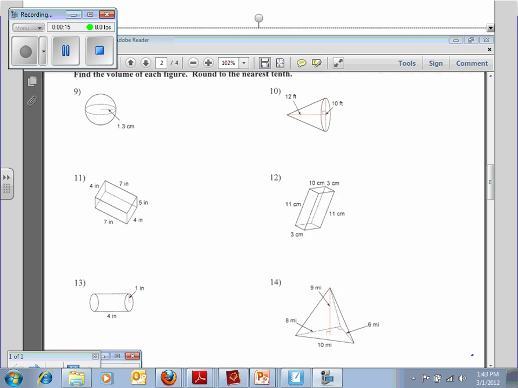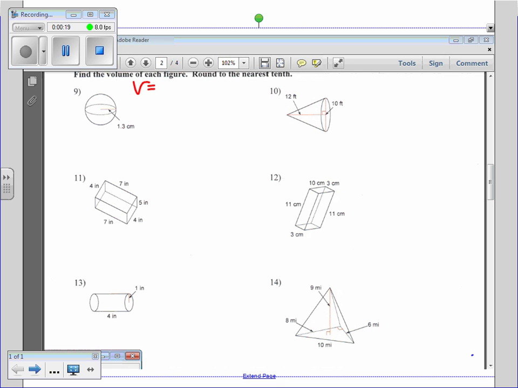Problem number 9 is finding the volume of the sphere. The formula is volume equals 4 times pi times the radius cubed, all of that divided by 3. I see that my radius is 1.3, so I'm going to plug that into the formula, and I have volume equals 4 times pi times 1.3 cubed, and all of that will be divided by 3.